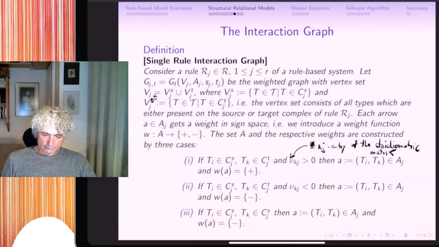And also here, the net production can be positive or negative. We discussed that in the previous lecture. Okay, let's continue.